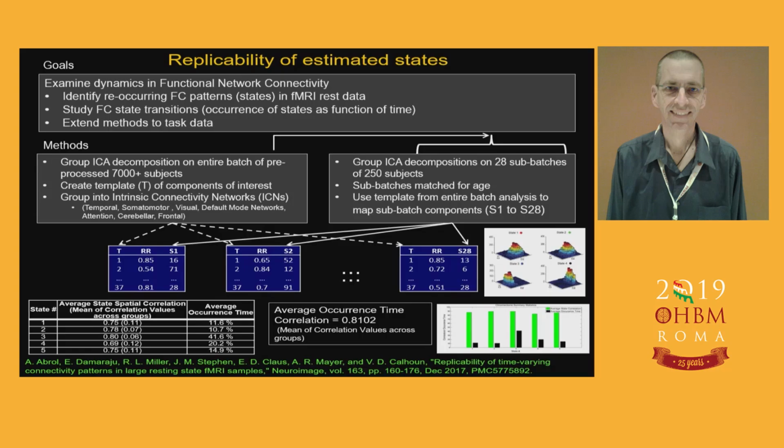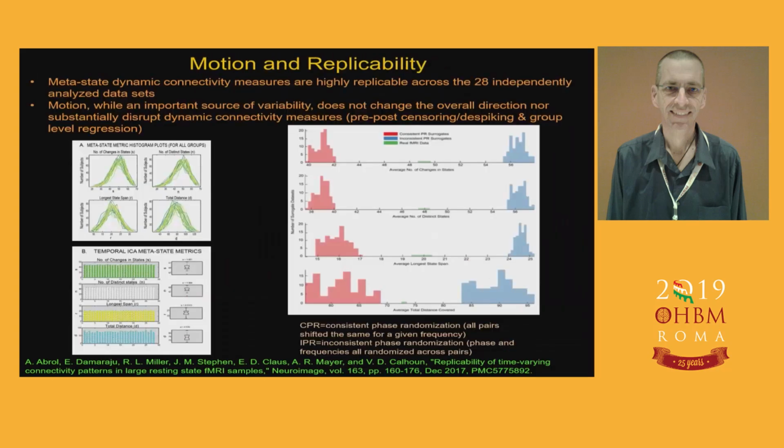And what we found was that indeed we did see strong similarity across these different analyses, correlating at about 0.8. And likewise, the state that they tended to spend the most time in was consistent across the different analyses. You can see here it was state 3. Next slide.